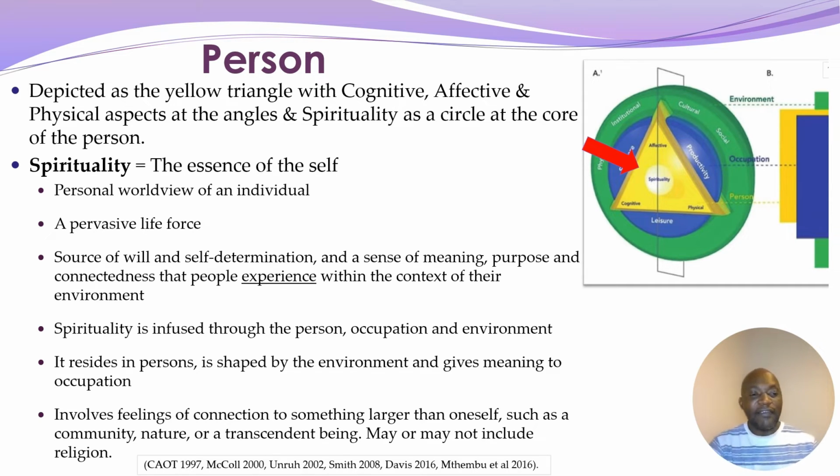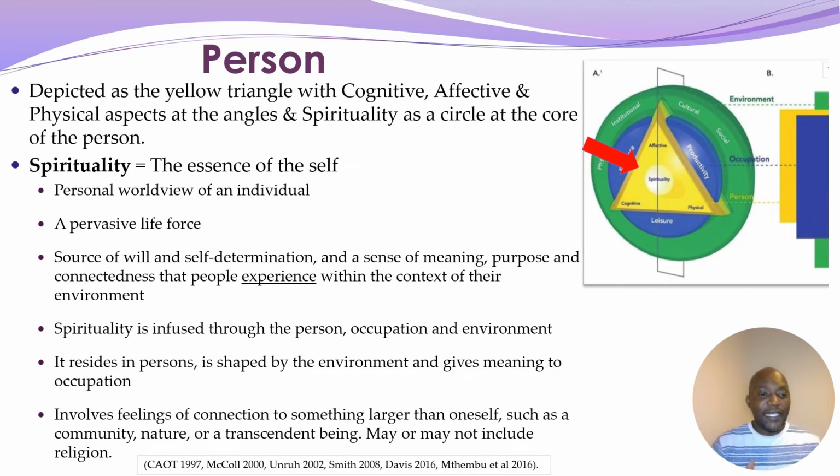It has also been defined as the source of will, self-determination, a sense of meaning, purpose, and connectedness that people experience. So it's about what people experience within the context of their environment. Their experiences are not as visible as the physical aspects, if you like. Spirituality is infused through the person, occupation, and environment.